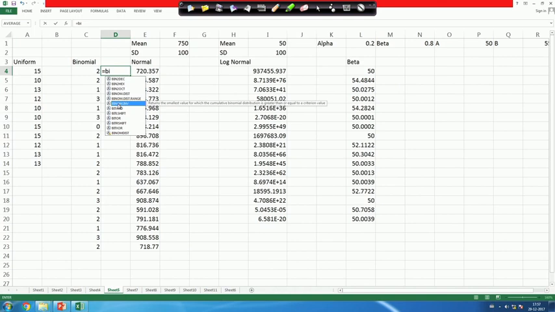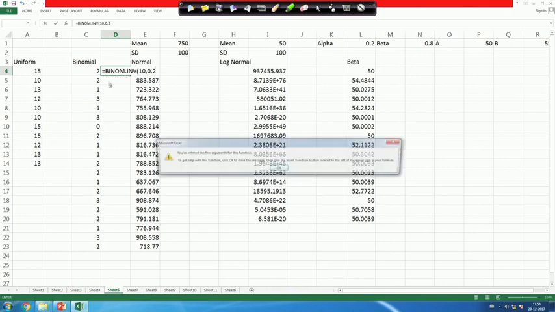If you put binomial inverse, it will ask you for the trials, let us say 10, then the probability, that is 0.2, and then alpha. So what will it do here? Let me give you another look.